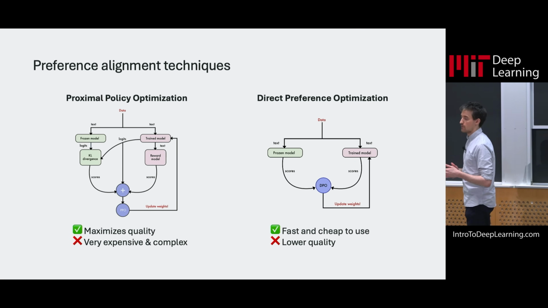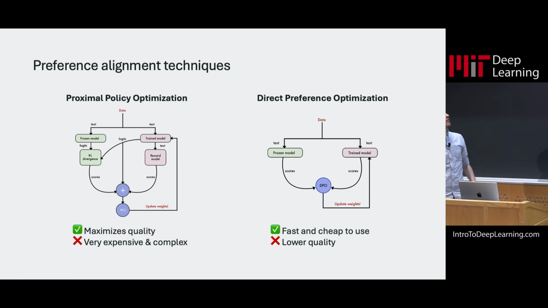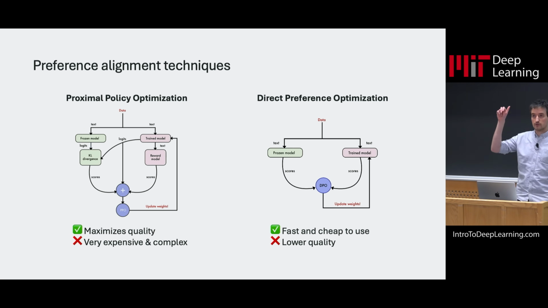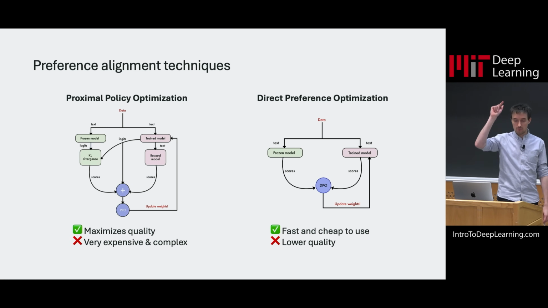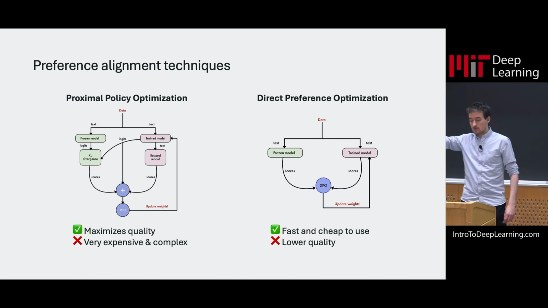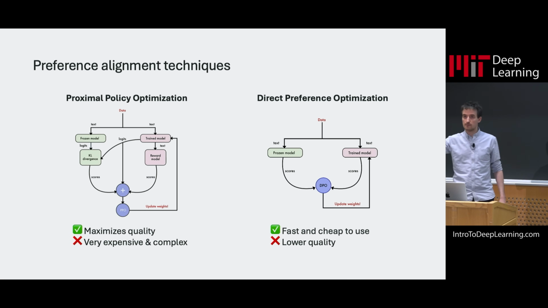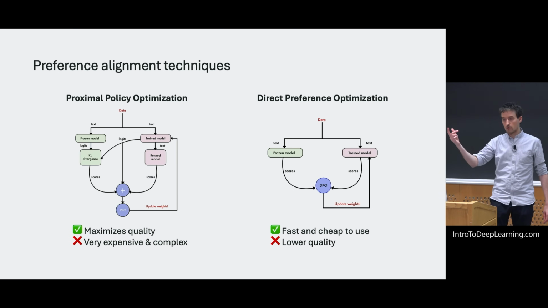The problem with PPO, and you might see it on the diagram here, is that you need 3 different models. So we complained earlier about loading 1 model, but here you need to load 3. You need to load the frozen model, the trained model, and the reward model. And the idea is that you are going to get some text into the trained model. A question is going to generate an answer. The answer is going to be scored by the reward model.